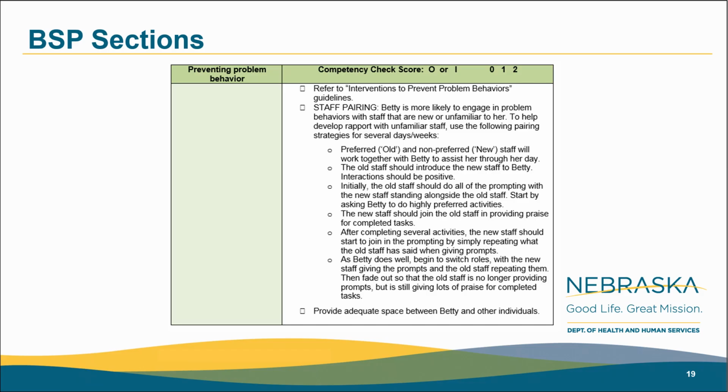To reduce the likelihood that Betty will engage in physical aggression in an attempt to get someone away from her, which might harm that other person, simply remembering to provide adequate space between Betty and other individuals helps to keep others safe while at the same time avoiding a situation where Betty might choose to hit someone.